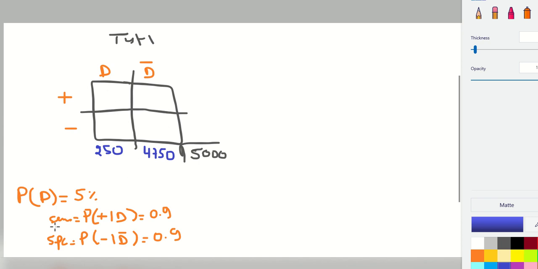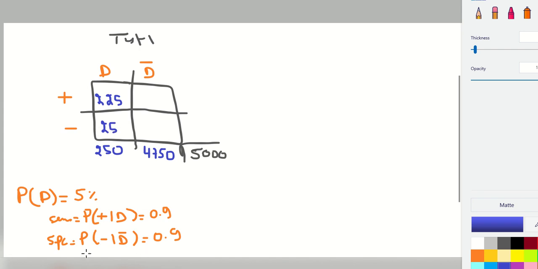Okay. Now, the next thing we want to do is put the values inside the cells. Since sensitivity is 90%, 90% of the 250 are going to be labeled positive. 90% of 250 is 225. And you're left with 25 that you missed.